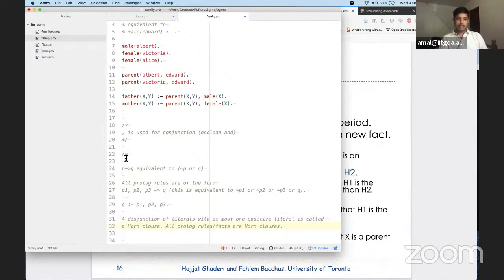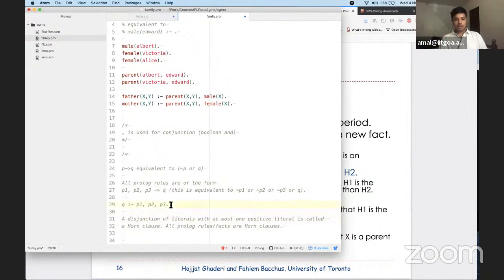For instance, P1, P2, P3 are literals. Also negation P1, negation P2, negation P3 are literals, because P1, P2, P3 are atomic formulas. The definition of a literal is either an atomic formula or the negation of an atomic formula. So a disjunction of literals with at most one positive literal is called a Horn clause.